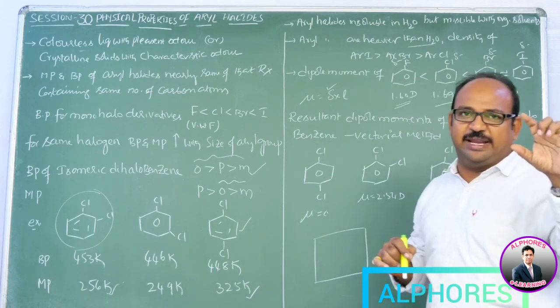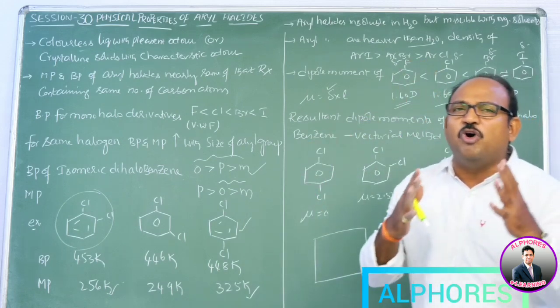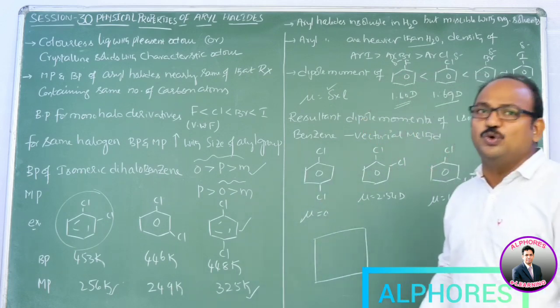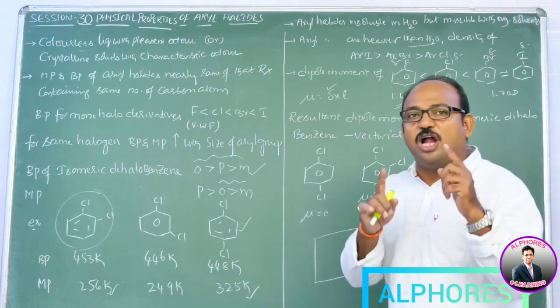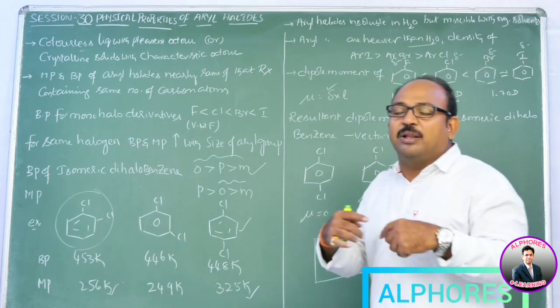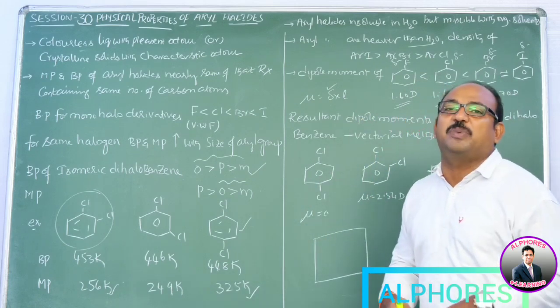I am repeating once again: even though fluorine is more electronegative and more negative charge develops upon fluorine, that is accepted. Whatever we explained earlier is true. But dipole moment does not depend only upon the delta value, it depends upon one more factor, that is distance. That distance mainly depends upon size.